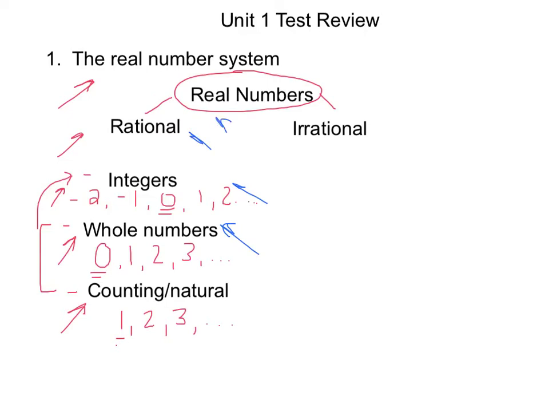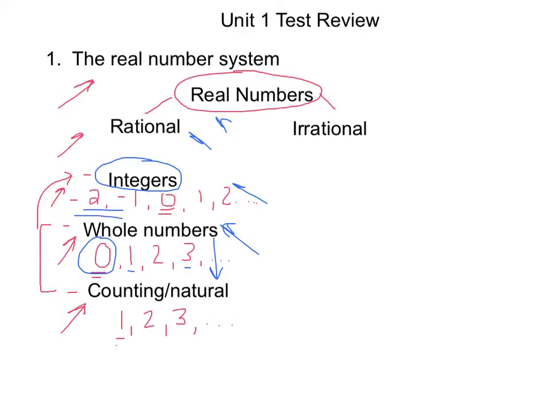But I cannot go the opposite way. I can't go down on this graphic organizer and say a whole number is a counting number. That's true for most, like 1, 2, and 3. Remember, whole numbers include 0, so 0 is not a counting number. I also can't say all integers are whole numbers, because again, I can see that I have negative numbers.